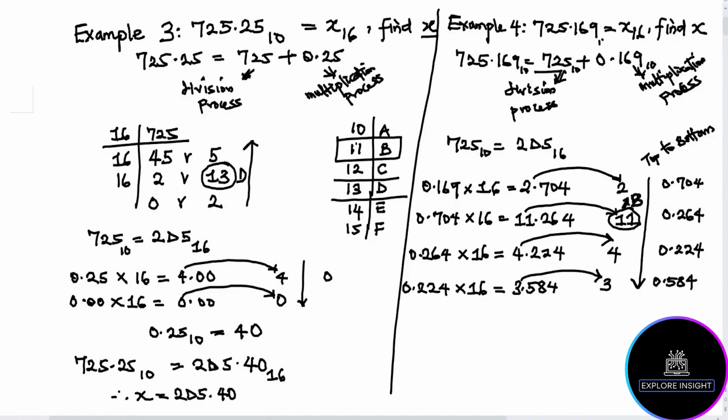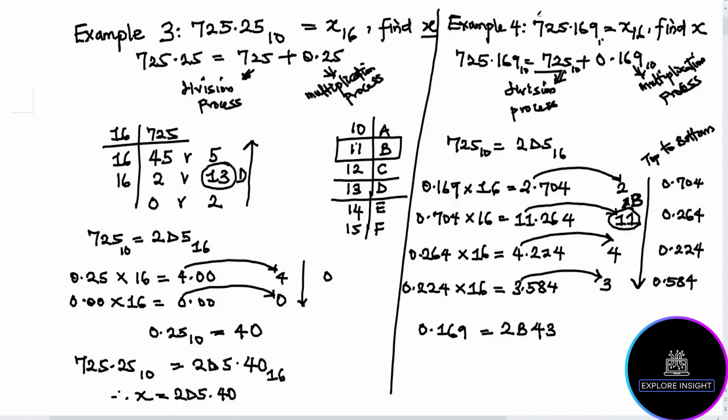So take note. Now, for us to bring out this value, our 0.169, which is this value we just finished, will be 2B43. It goes downward from top to bottom. 2B43. Don't get confused about it, okay? Now, this is not the final answer. We were given 725.169.